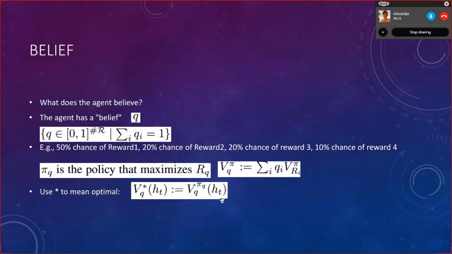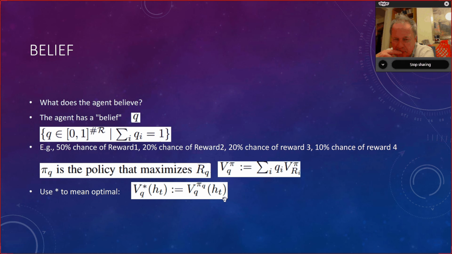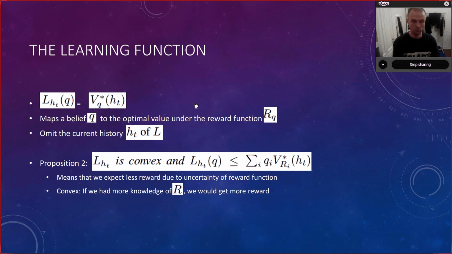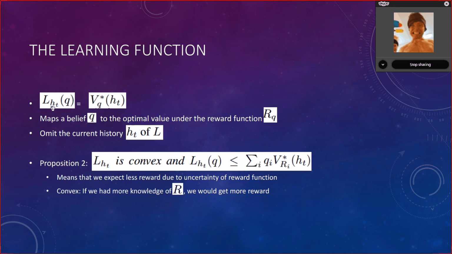That means the optimal according to some policy for some history. And we will use this notation in a moment because we'll introduce a learning function, capital L. This capital L in particular is according to the history. We learn according to the history that has happened so far.